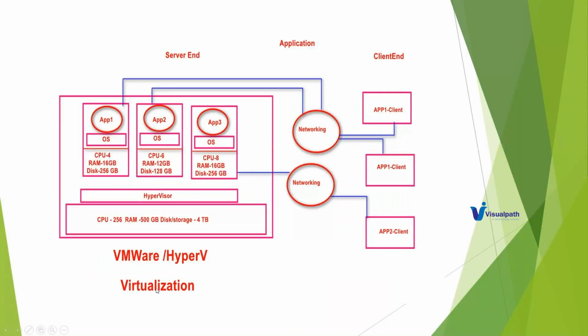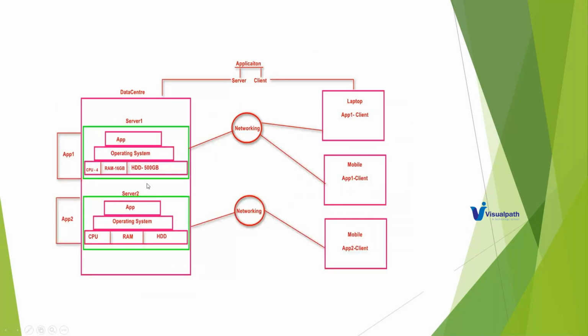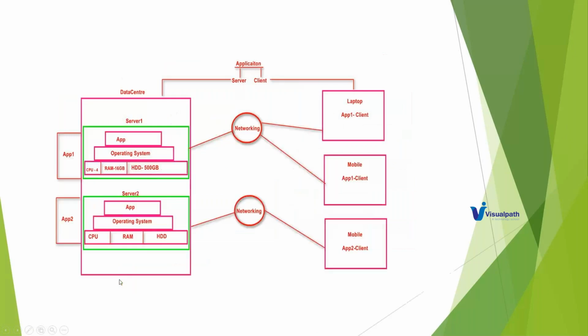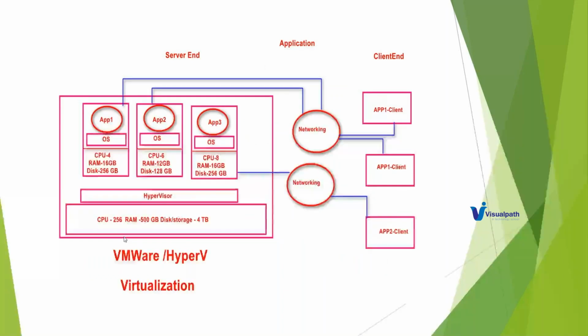Now, to get rid of these concerns, the next evolution comes into the picture, and that is called virtualization. What changes in virtualization is that instead of buying a single server, they come up with a big, huge server. For example, here we have 4 CPU and 16 GB RAM, and the same sort of arrangement here as well. But here, they say, okay, let's buy a huge, big server with multiple CPUs, multiple RAMs, and multiple storage.